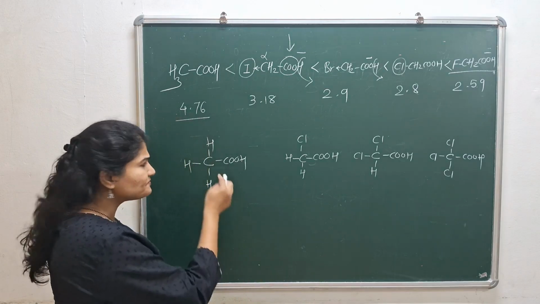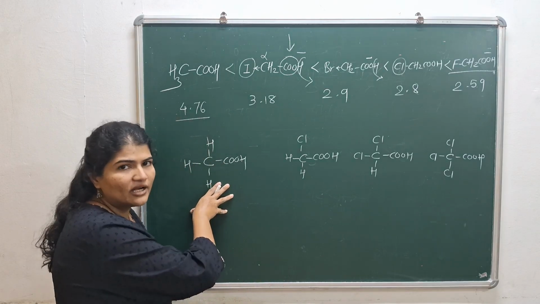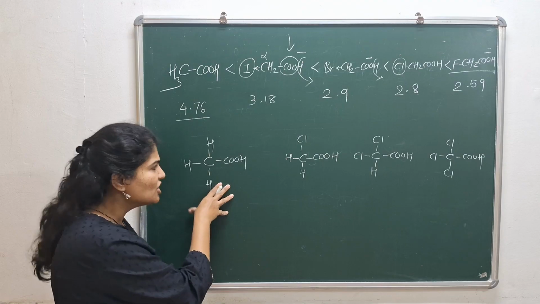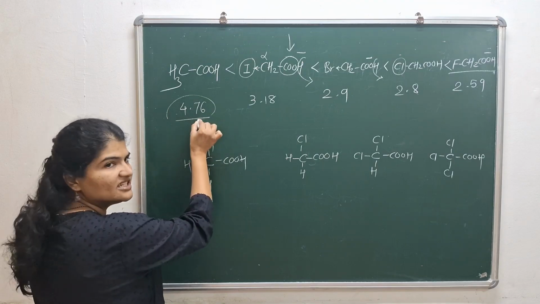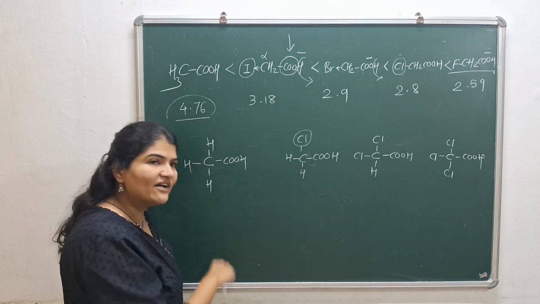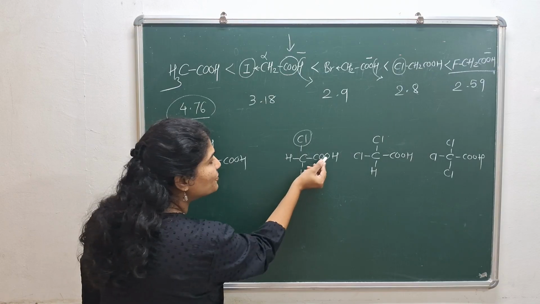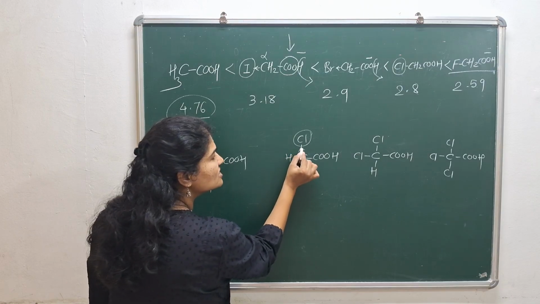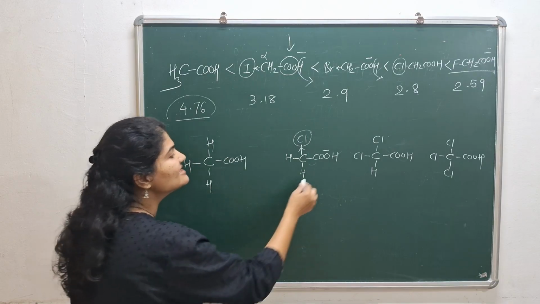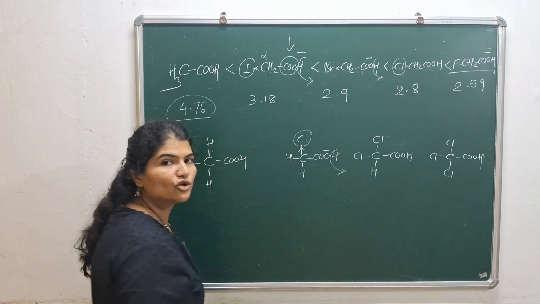Obviously this compound does not have any element with negative inductive effect, so it will have a certain acidity. But when we introduce a halogen with negative inductive effect, it pulls the electron density towards it, making the negative charge less prominent, hence making the release of proton easy.